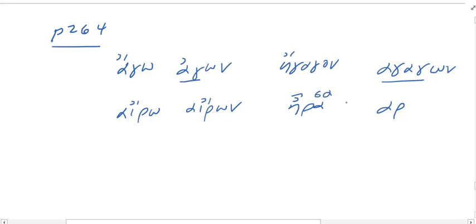It's a liquid consonant. Remember what liquids do with sigmas? They don't play nice. So when I have a rho, which is a liquid, followed by a sigma alpha, the sigma likes to do what? Likes to drop out. And that's why I just have the alpha here. Okay? So sigma alpha.